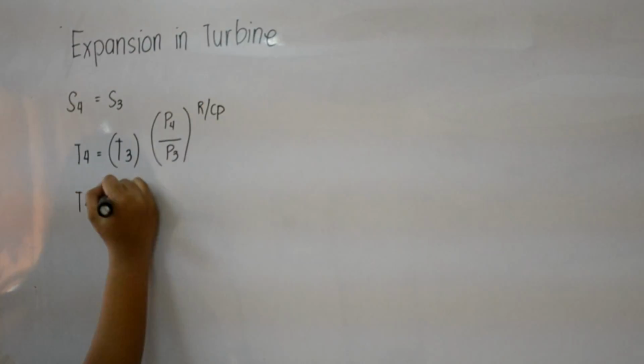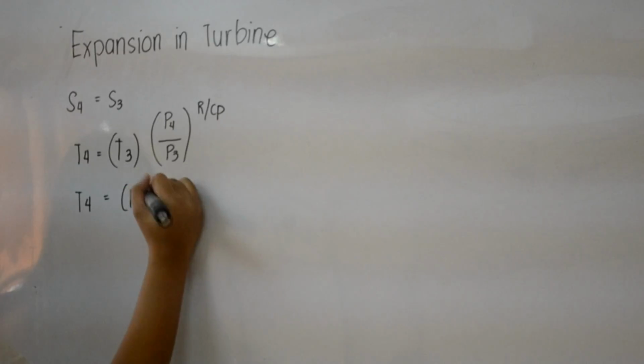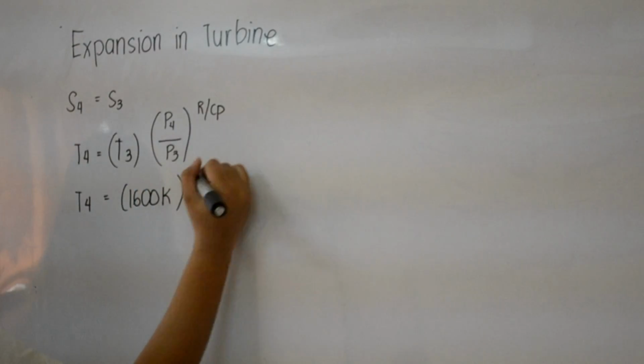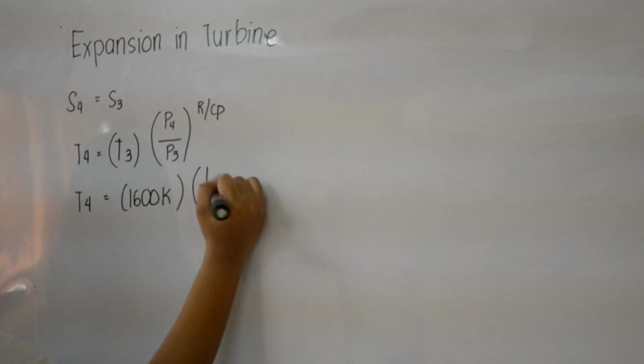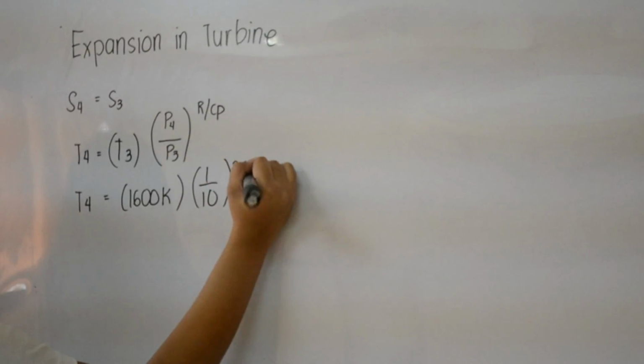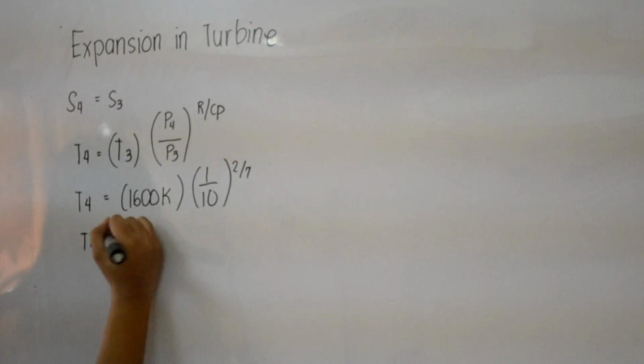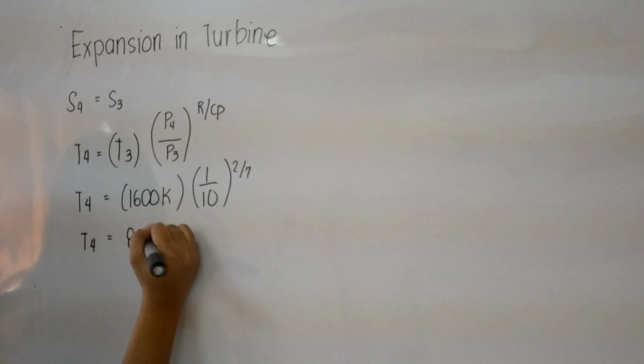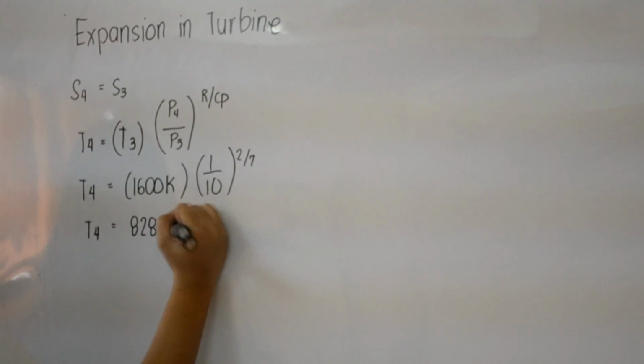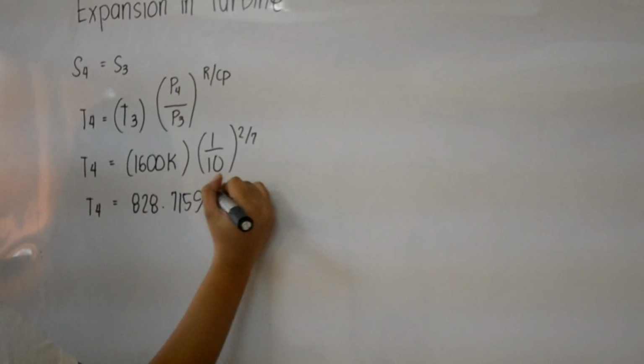Then, substituting the given to the formula, T4 is equal to 1600 Kelvin times the quantity 1 over 10 raised to 2 over 7. Then the value of T4 will be 828.7159 Kelvin.